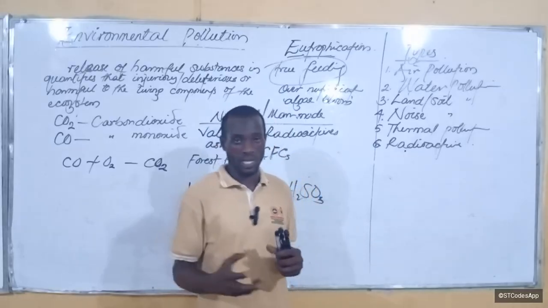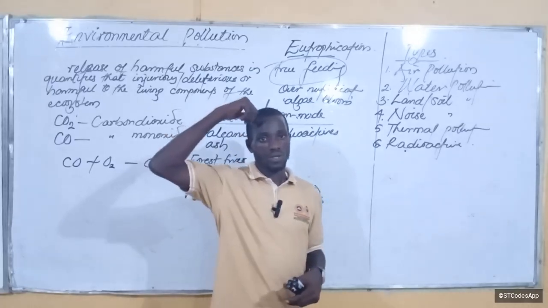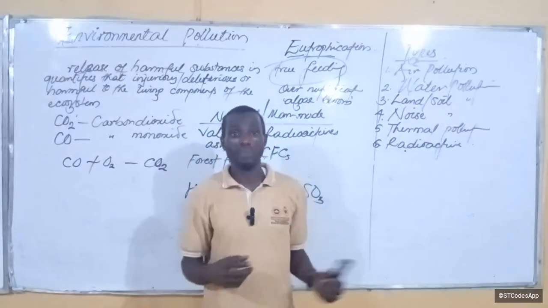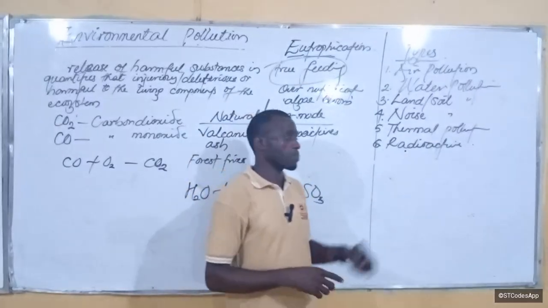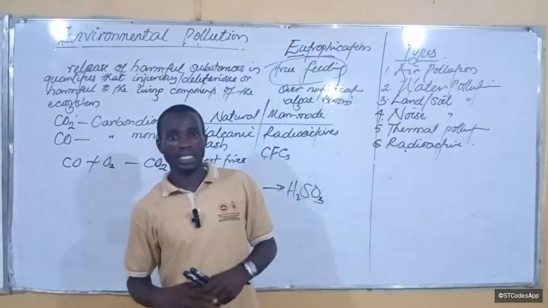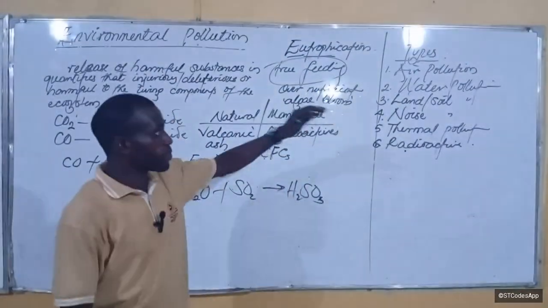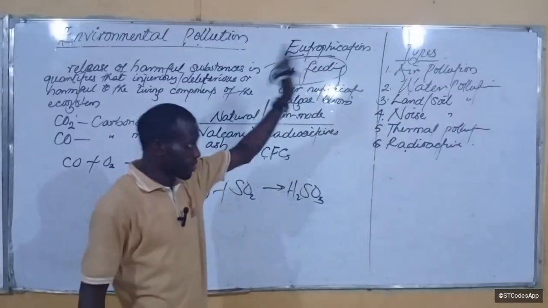That's cancer. That's what I'm trying to say. They cause skin cancer. That is basically what happens. And that's why people that have been exposed to wrong radiation like that tend to have certain bodily defects. Okay, so that's primarily the types of pollution in an overview.